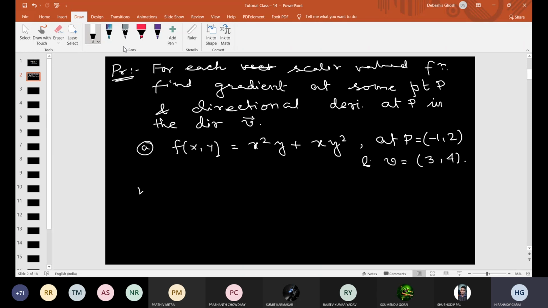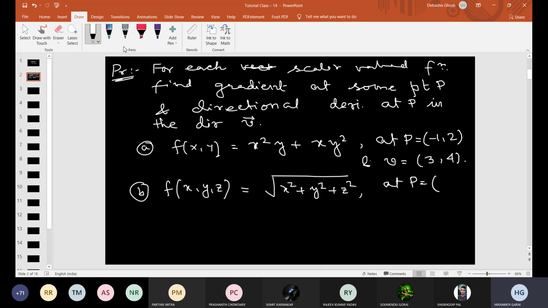If we consider B, f equals under root of x square, y square and z square at P equals (0, -1) and V equals (1, 1).